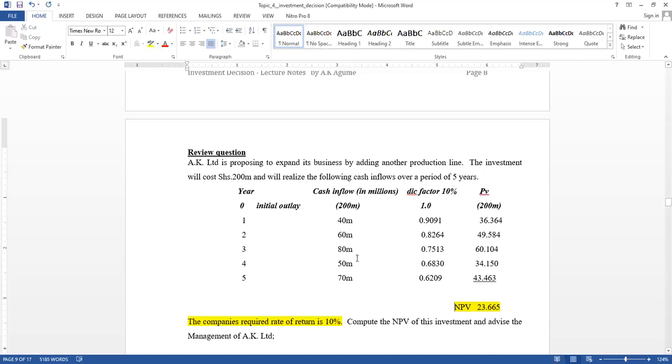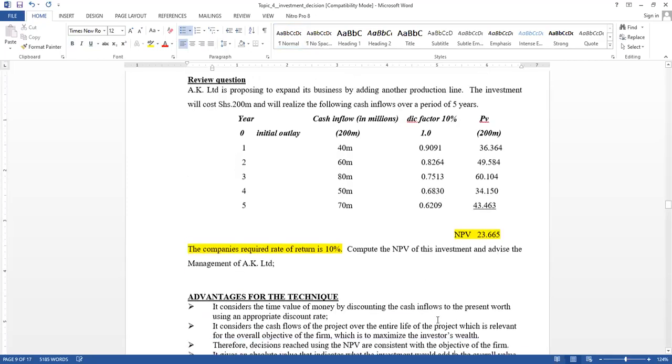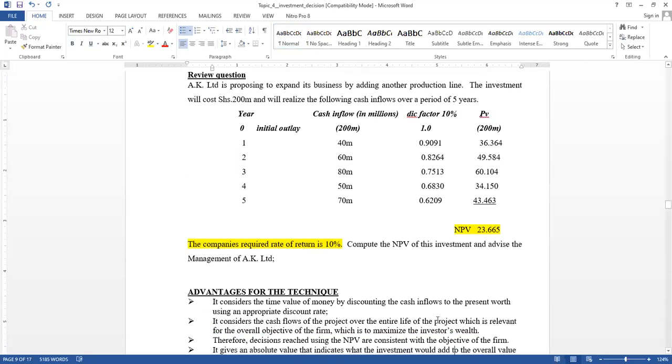And it is positive. You remember the decision rule was that if the NPV is positive, you accept the project, because that means that the project will be able to yield a return which is higher than the required rate of return, in this case 10%. So in this case, we accept.